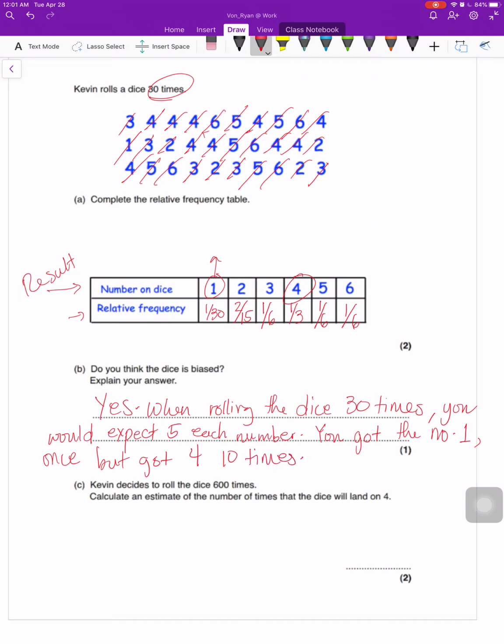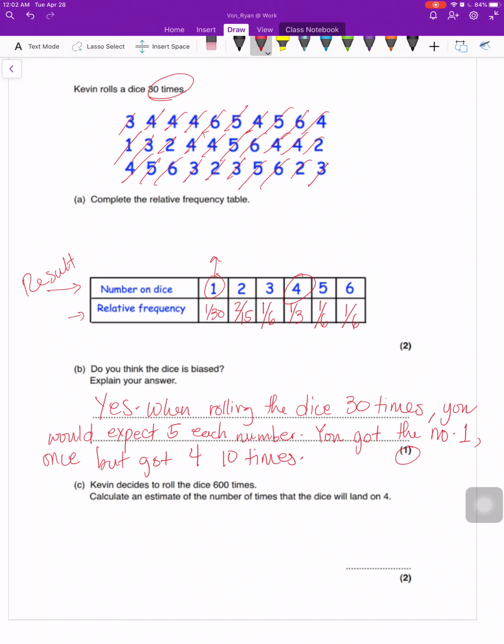So it seems that the dice within this experimental context always lands on a 4, which is quite biased. That's how you get the full marks for that. Now again, bias doesn't mean that the dice has an emotion and can pick what number it wants to land on. In this case, you have not collected enough samples to be close enough to your theoretical probability, or the dice must have been tampered with. But based on the data that you have, it seems to be biased to 4.